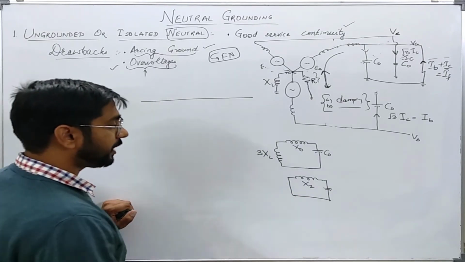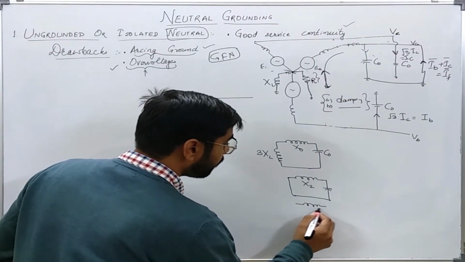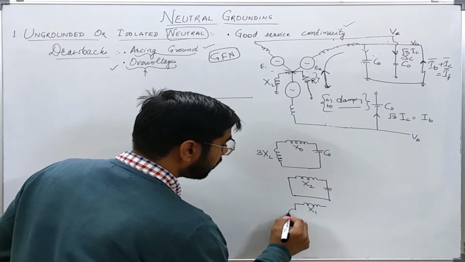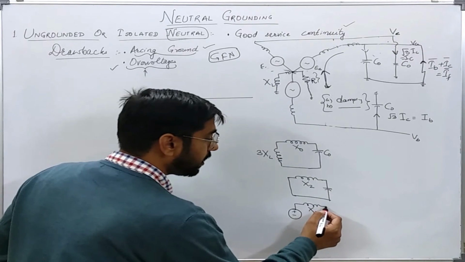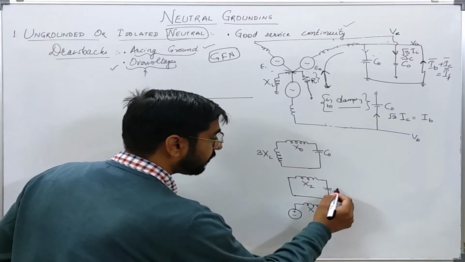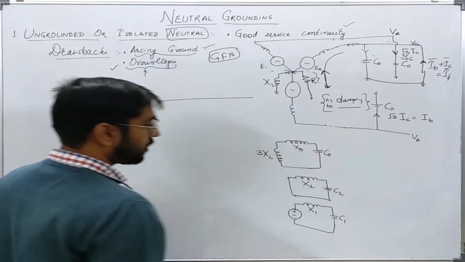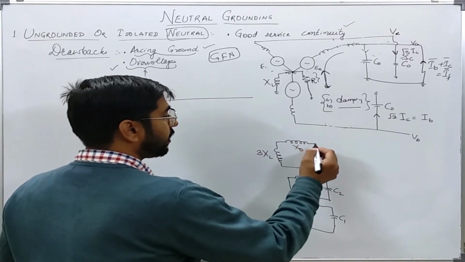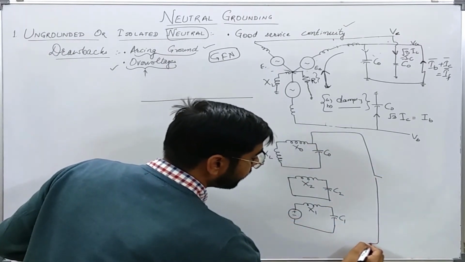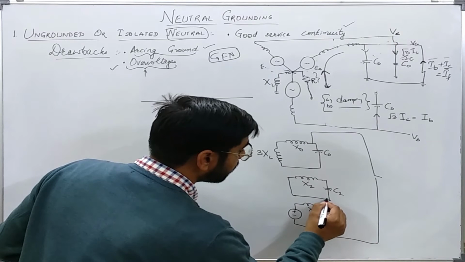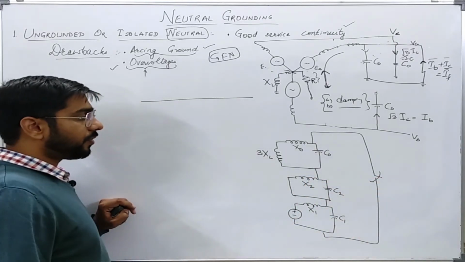Similarly, for the positive sequence, what I will have is the positive sequence reactance of the line, the positive sequence voltage, and the positive sequence capacitance. Now all will be connected in series because it is a single line to ground fault. So when I close this switch, it will simulate a fault.